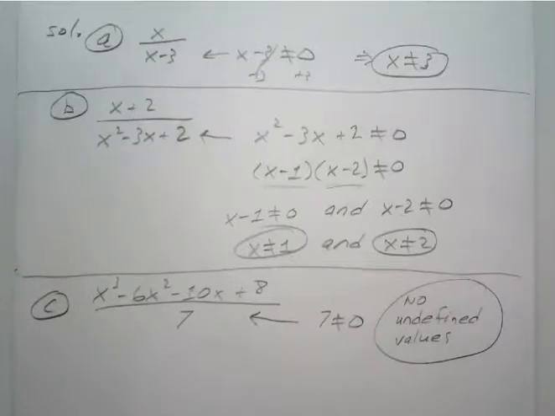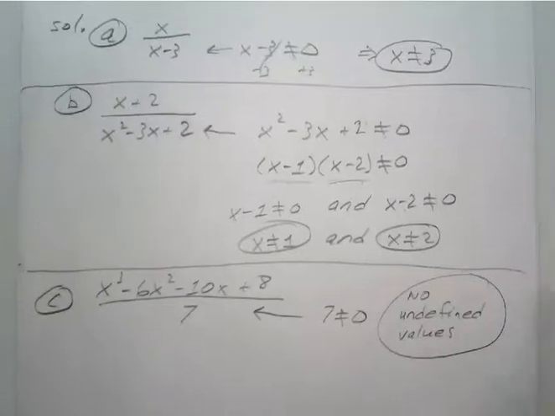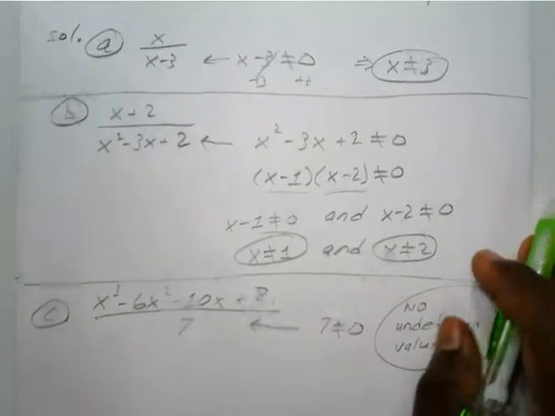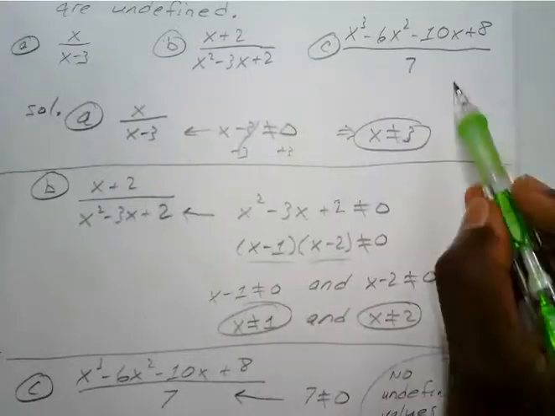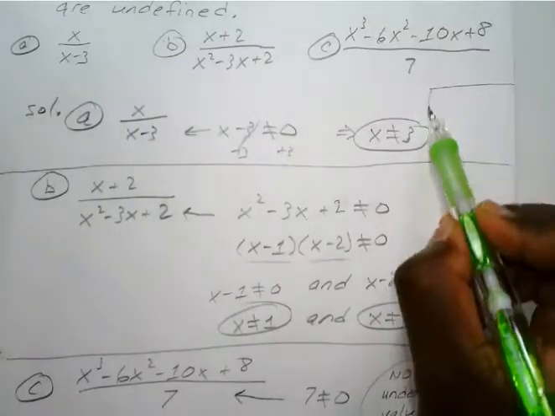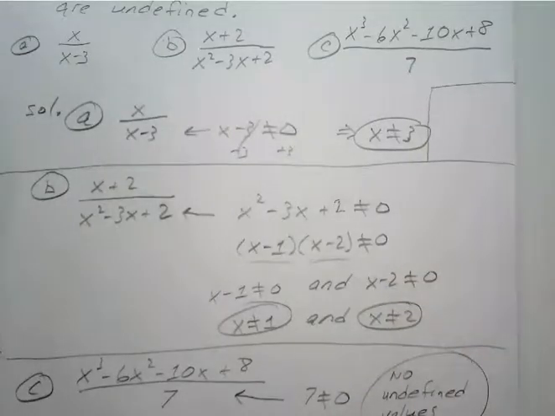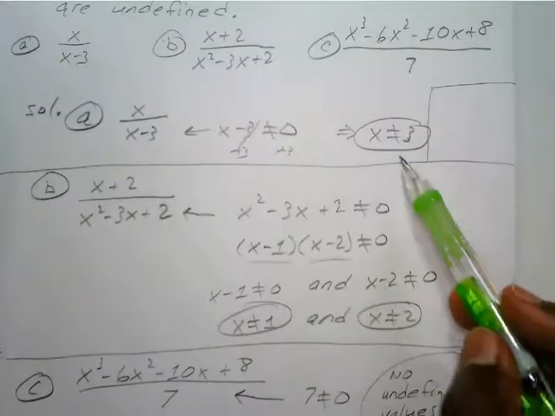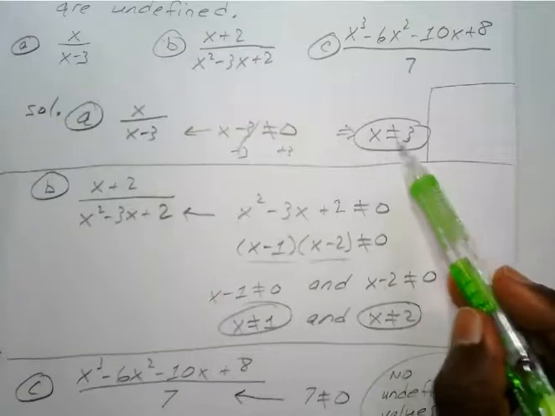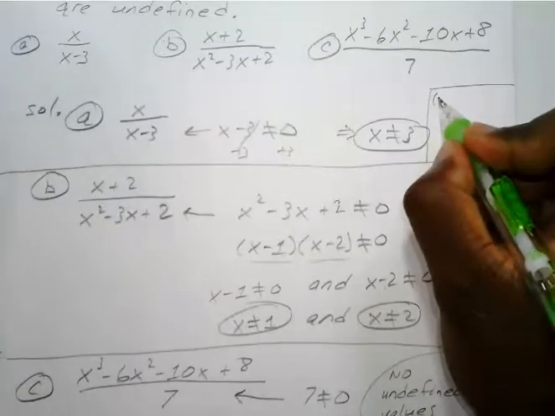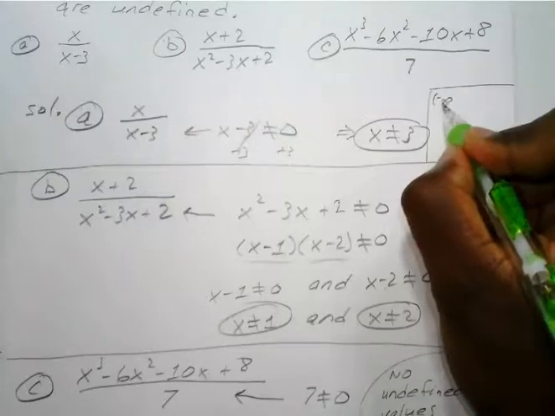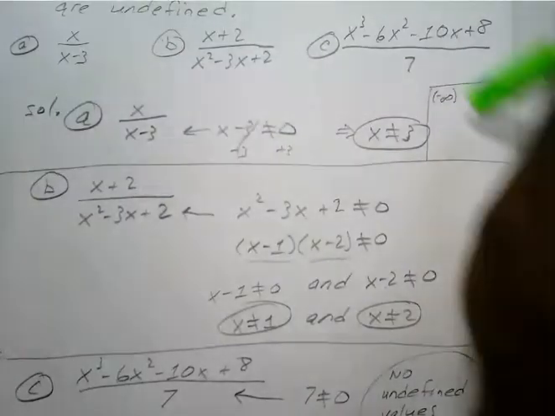What we're going to do now is go up to the top here and do a quick refresher on interval notation. Since we know for A, x cannot equal 3, that means x can equal anything from negative infinity all the way to 3.